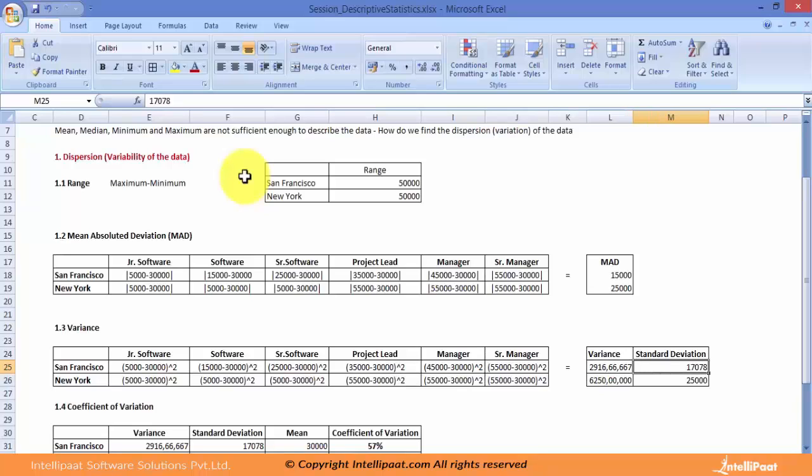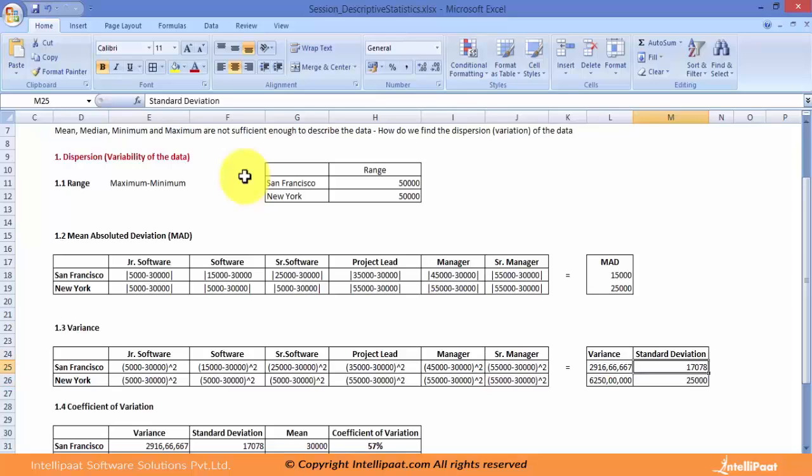How? Standard deviation is equal to the square root of variance, right? In this case the standard deviation is 17,078, and 25,000 for the New York based organization. So this value is giving some information. What is that information?